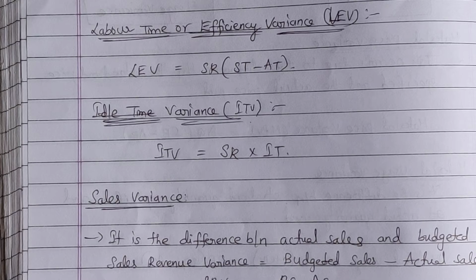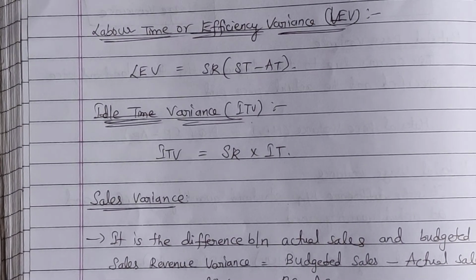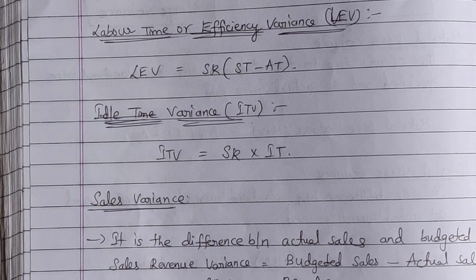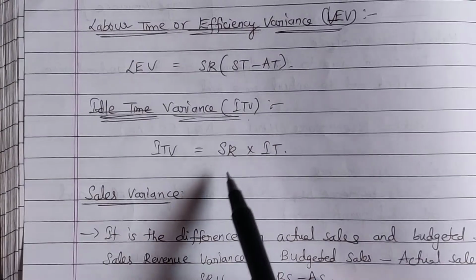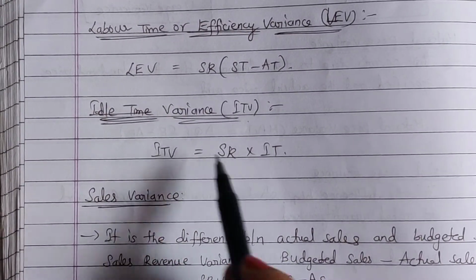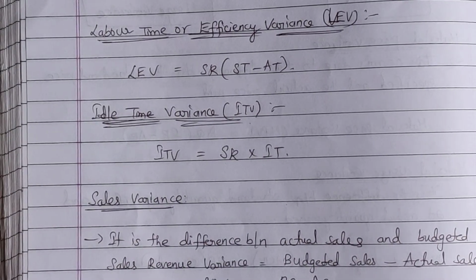This idle time may occur due to many reasons, like non-availability of raw materials, power cut, breakdown of machinery, etc. For that idle time also we have to pay the laborers using the standard rate, not the actual rate. In this way we can find out the idle time variance also.